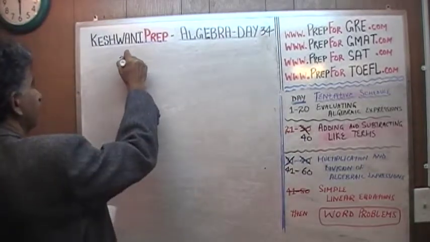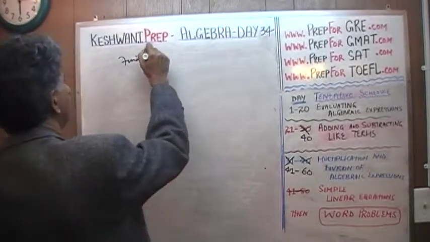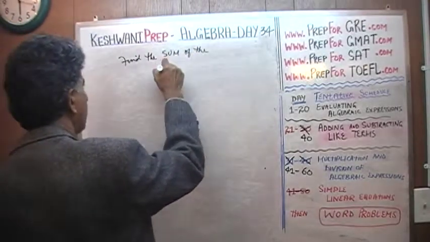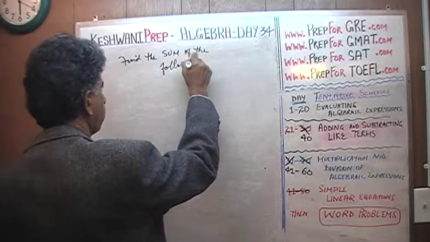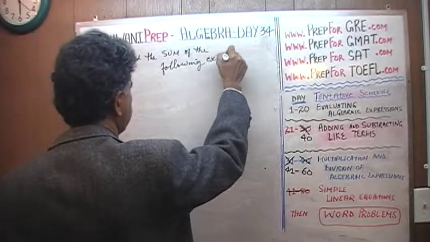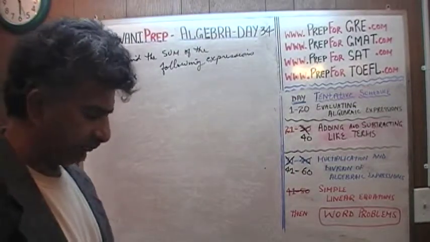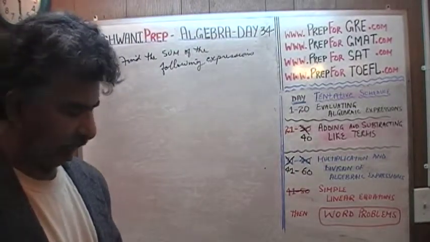Here's the problem. It says find the sum of the following expressions. We'll be given three expressions, and our job is to find their sum.